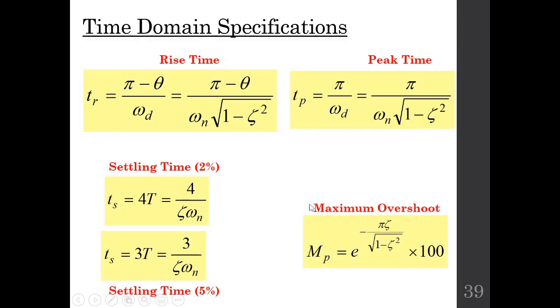The next is the maximum overshoot, which can be found as MP, which represents the maximum overshoot value. This is equal to e raised to the power minus pi zeta divided by under root 1 minus zeta square, and is multiplied with 100 to convert it into percentage.